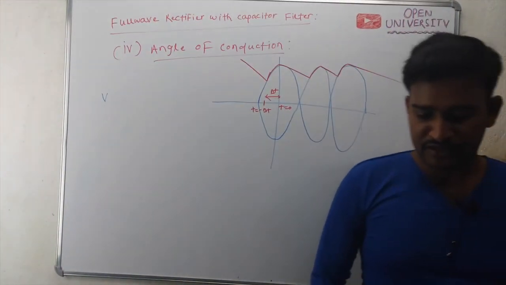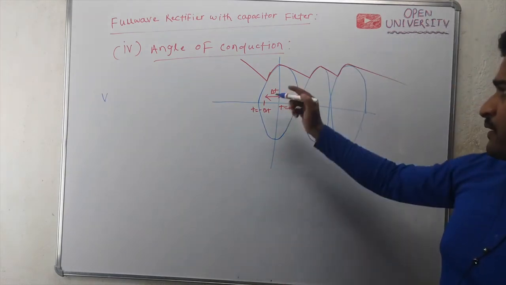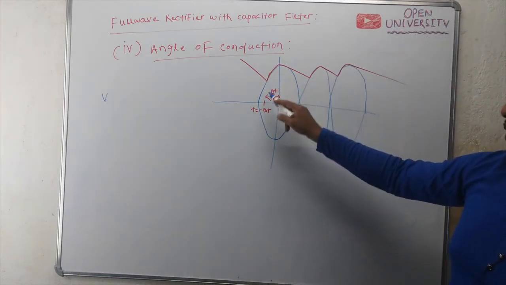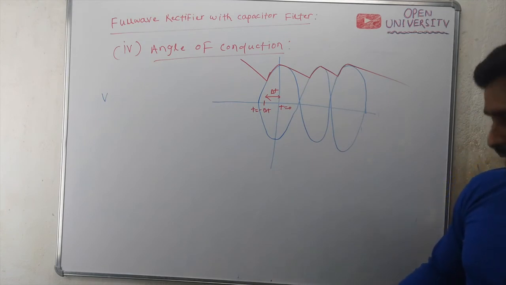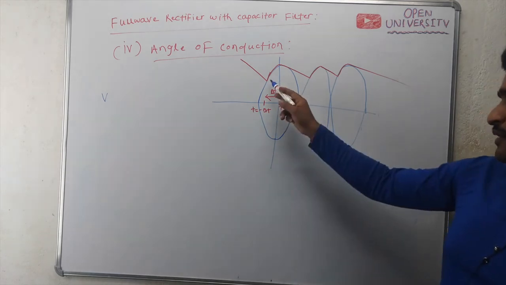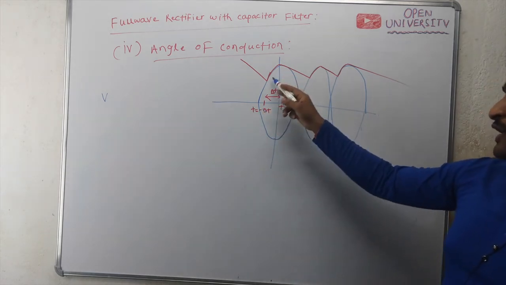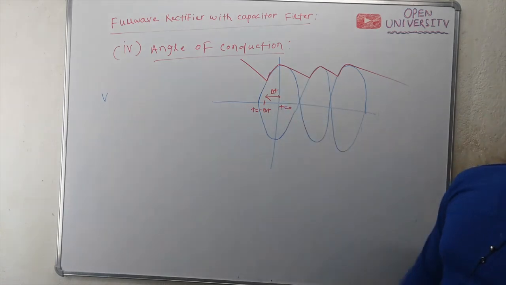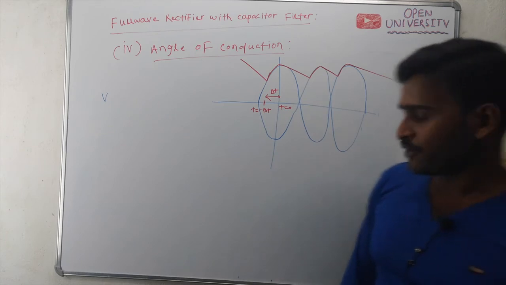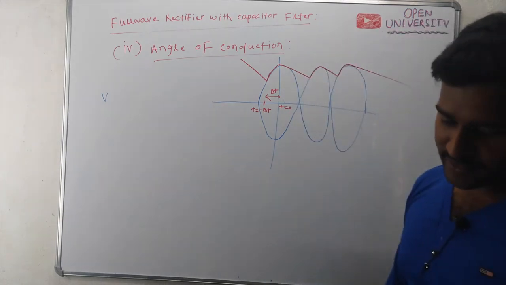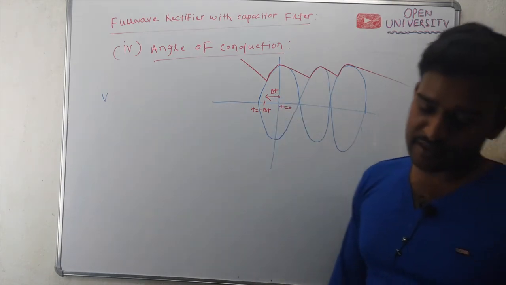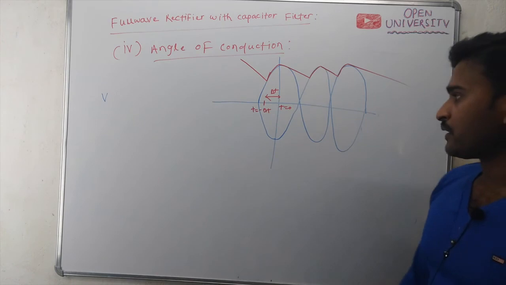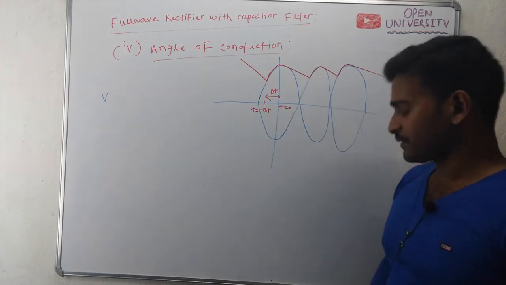Diode D1 is in conduction from t equal to minus delta t to t equal to 0. In this interval, VA is positive, so D1 will conduct. Hence delta t represents the conduction interval or charging interval.